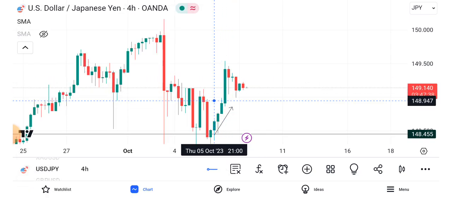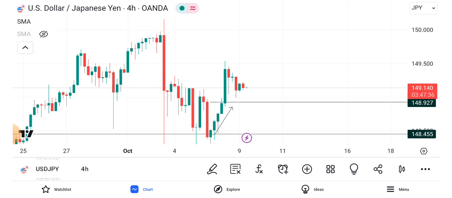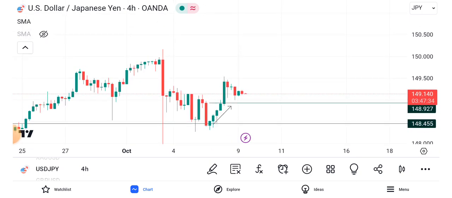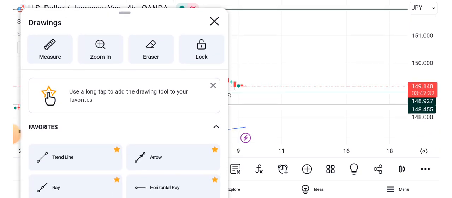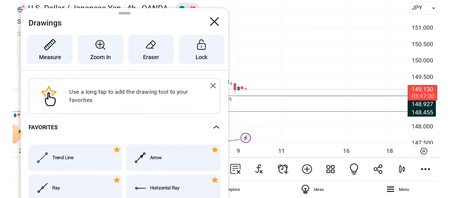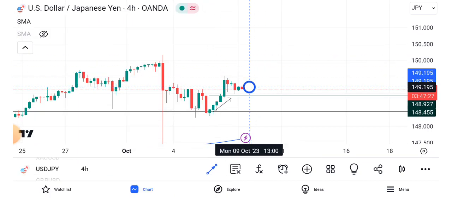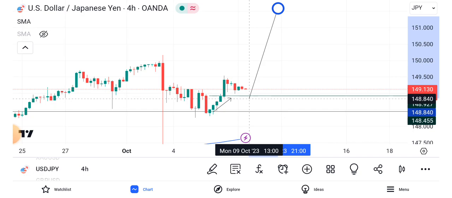So from our mini zone, probably the market can push up from here, or it can start from here to the upside.